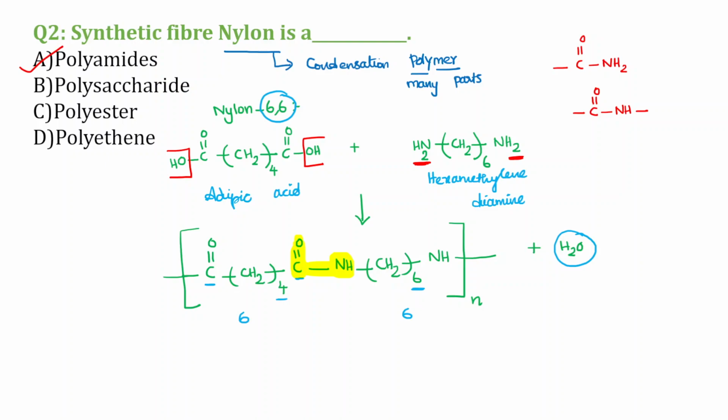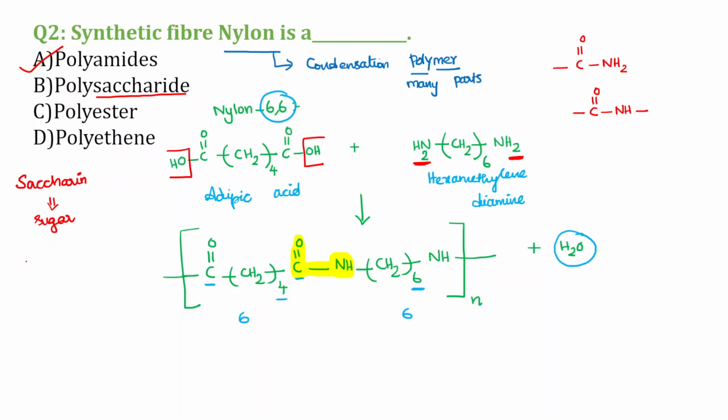Then there are some other options that we must be in a position to understand. Let's talk a little and understand what polysaccharide, polyester and polyethene are. Polysaccharide: saccharide means sugar, which has come from the word saccharin. Basically these are carbohydrates, so polycarbohydrates, or we can say polysugar molecules.